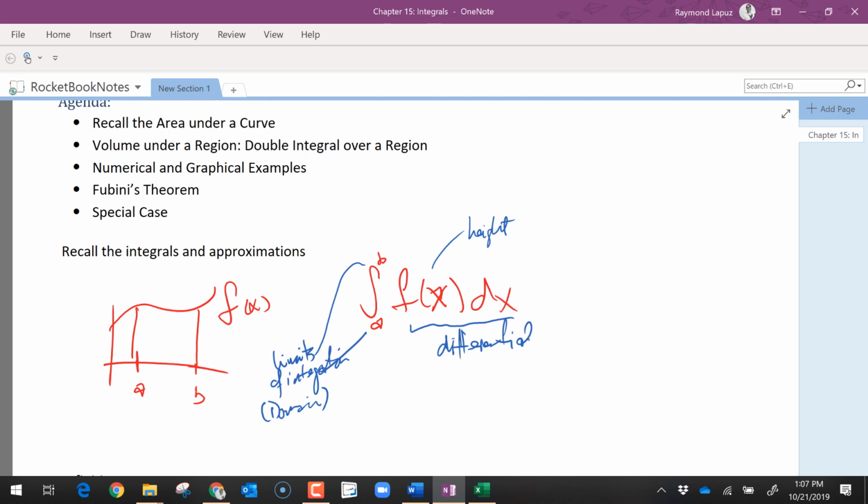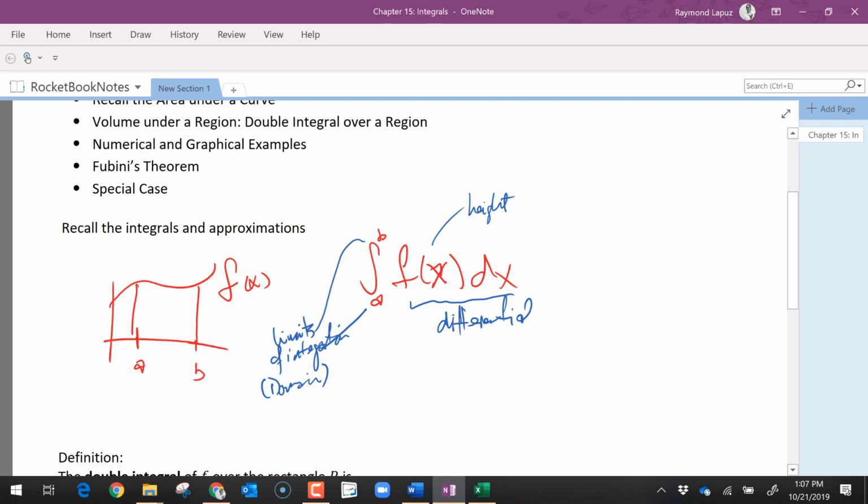And there's a lot of ways to say this. We say the integral from a to b of f of x dx. Sometimes we say the integral of f of x dx over ab. That's actually the phrase that we're going to want to remember now for integrals.